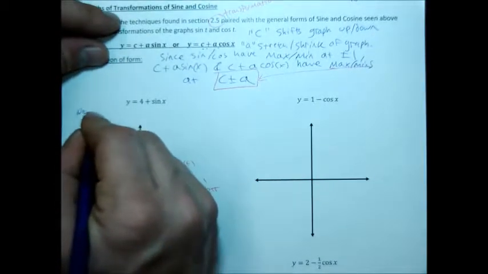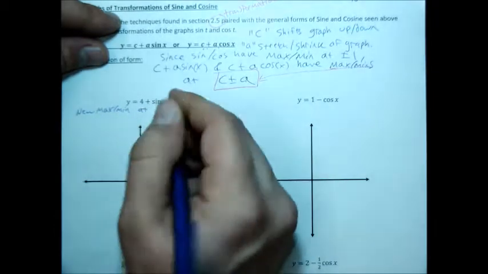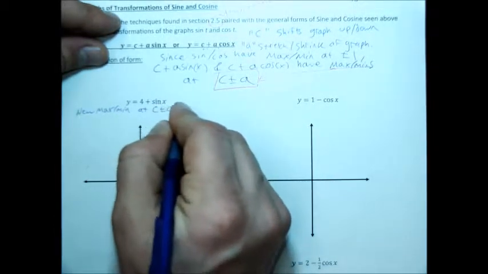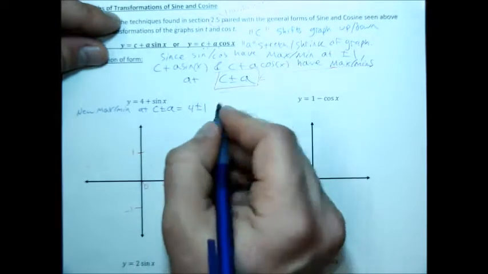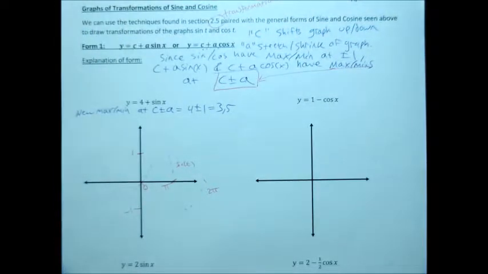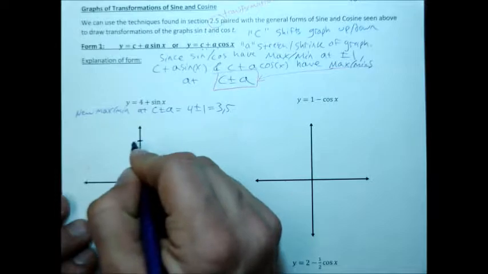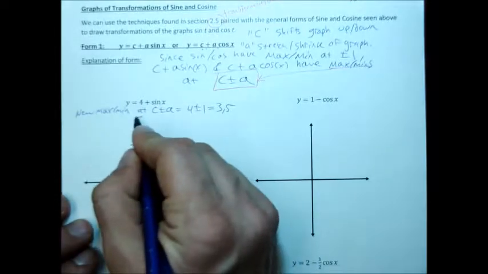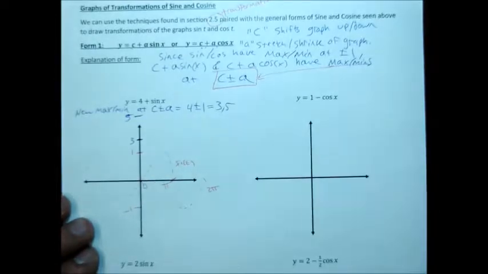Right, so our new max and min are at C plus or minus A, which in this case is 4 plus or minus 1. So we get 3 and 5. So that's going to be our new max and min. So our new min is going to be a little bit higher at 3, and the new max is going to be up here at 5. The same graph, just shifted up like that.